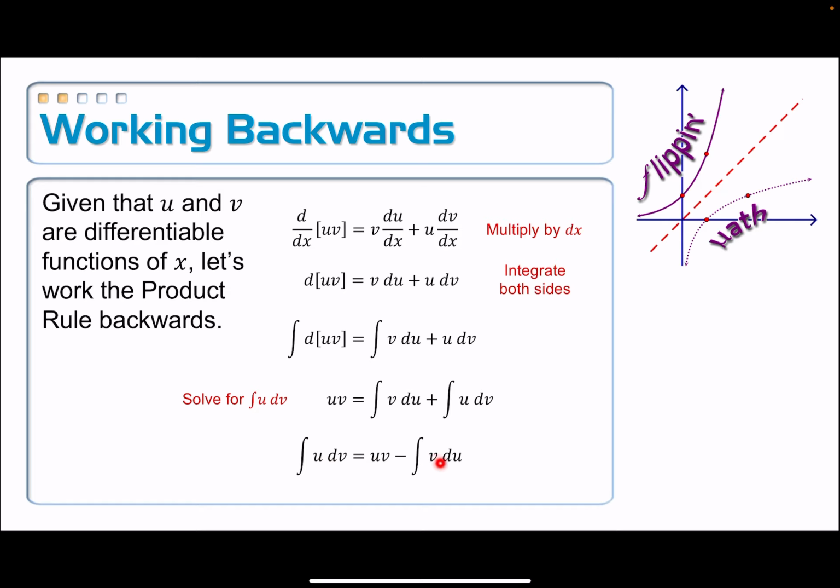You can see that there are two antiderivatives in this formula. The one on the far left-hand side is the original one that you're going to be given, one that's really hard to integrate. And we're going to switch it out for something far less complicated, something we can take the antiderivative of.